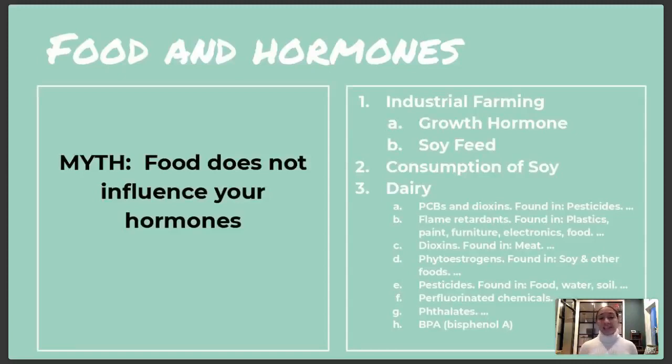So in addition to the soy and the growth hormone, there's a lot of other things in our food that mess up our hormones. That's everything from pesticides to things called dioxins. Dioxins are in a lot of fish. Dioxins are also found in tampons, which are massive hormone disruptors. So females, think about that.